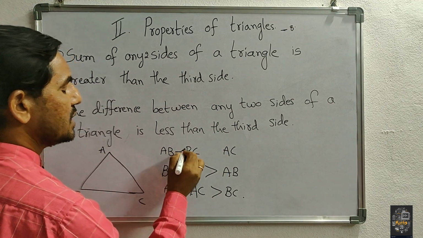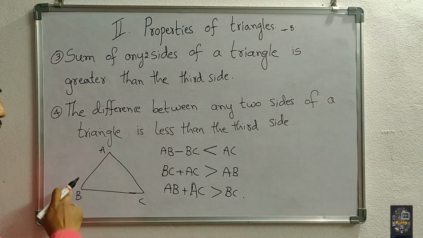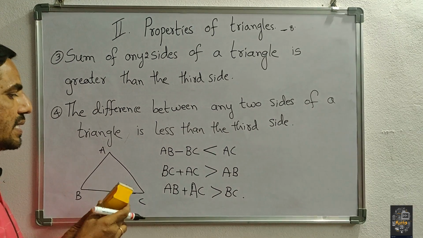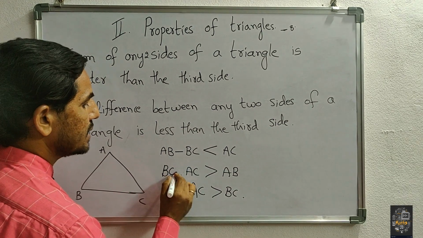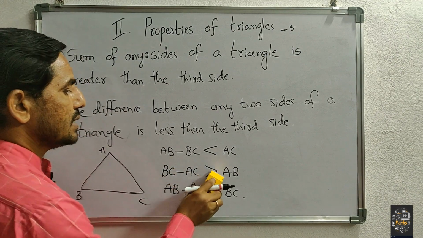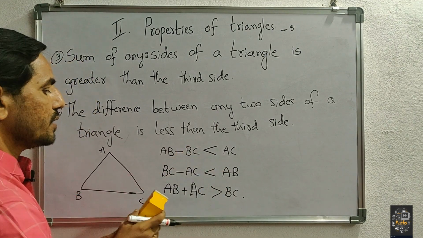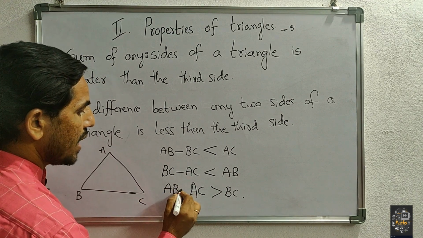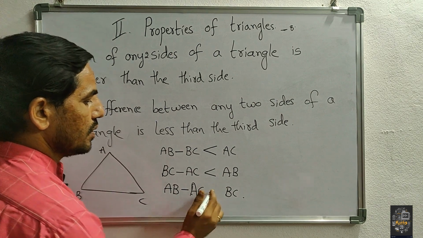AB minus BC is less than AC. And the second one, BC minus AC is less than AB. And the third one, AB minus AC is less than BC.